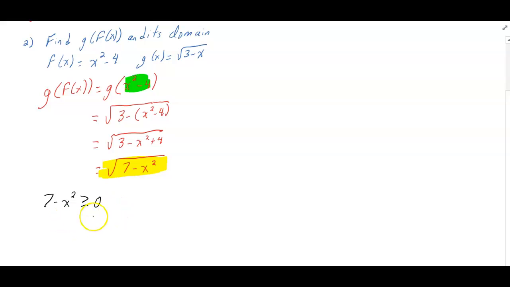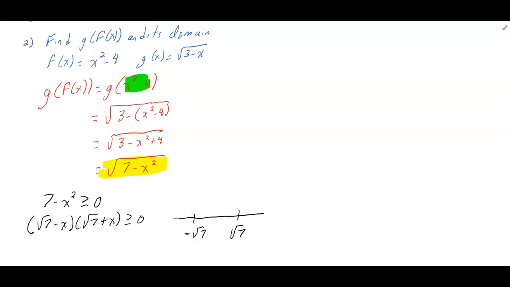There's a couple of ways we can do that. The way we might have done it in class is we might factor. So square root of 7 minus x, square root of 7 plus x is greater or equal to 0. And then we're going to put the critical values on the number line. So we're going to put root 7 and negative root 7. And then we're going to test each interval.